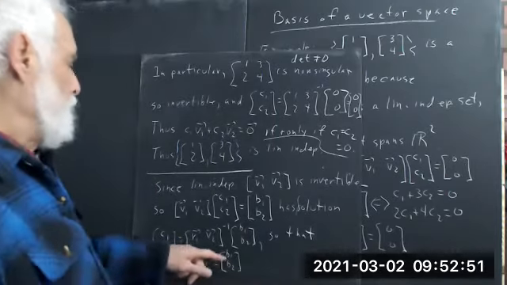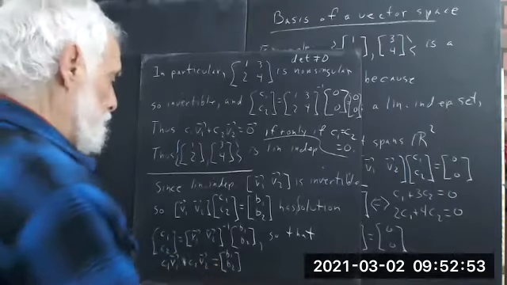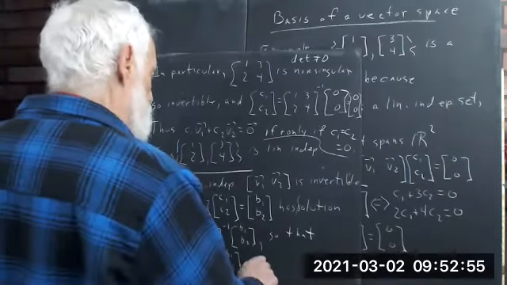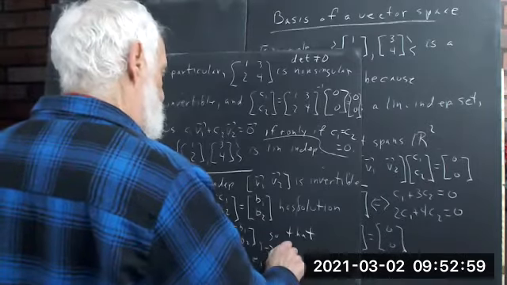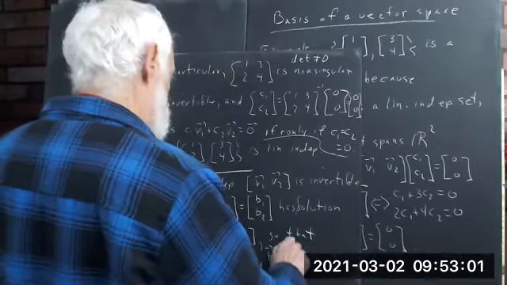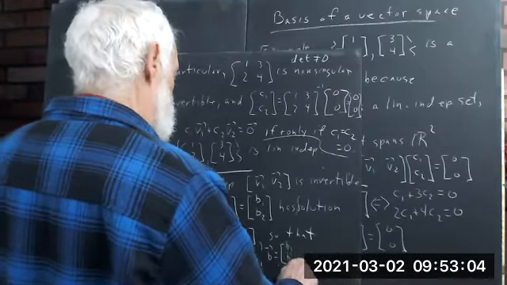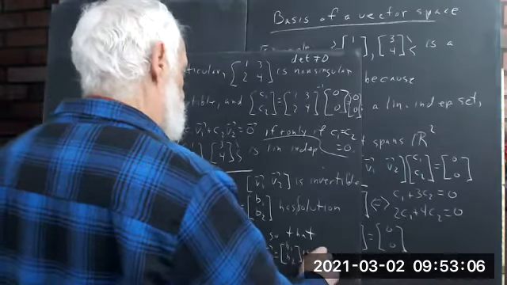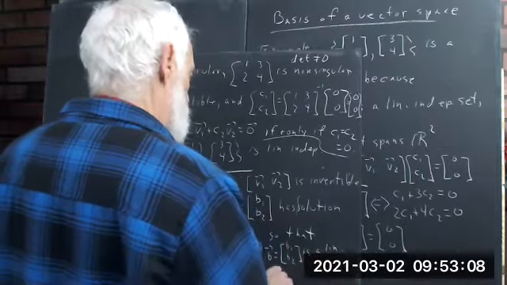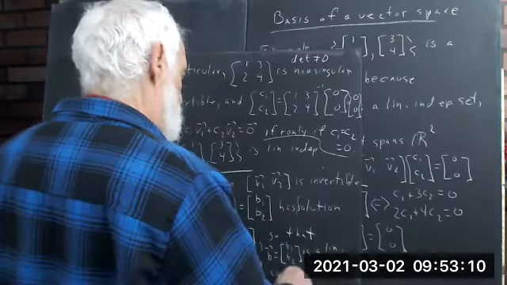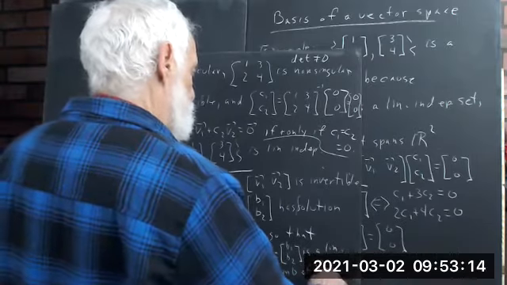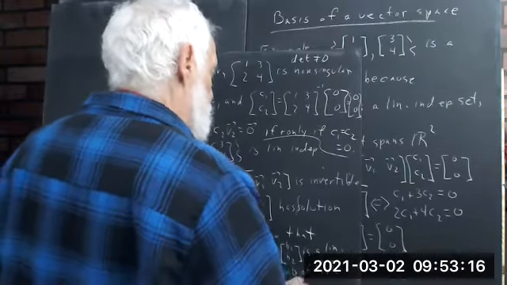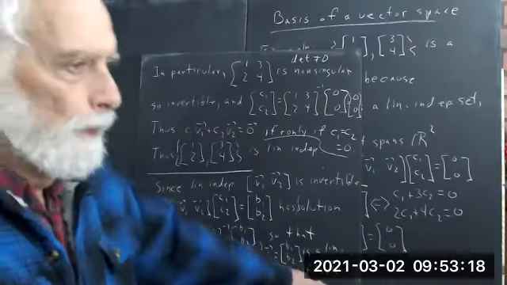That is, this B vector is a linear combination of V1 and V2.